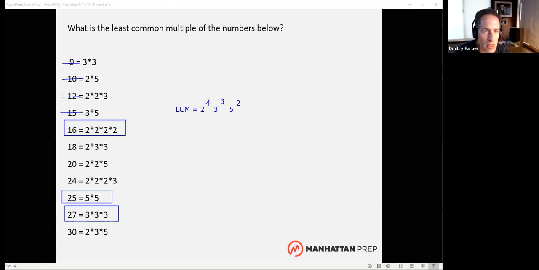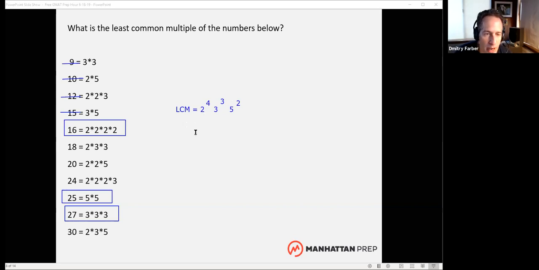If I want to do this conveniently, how could I, other than saying, what's 16 times 27 times 25, how could I quickly do some of this multiplication? Any ideas of a trick? Yeah, I can group 2s and 5s to make 10s.